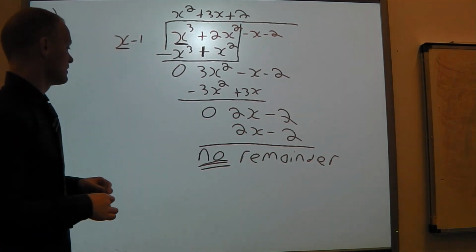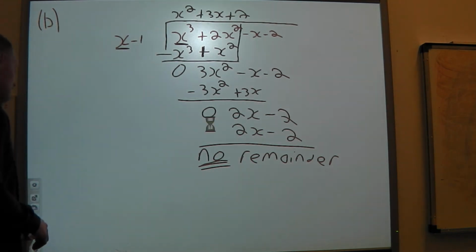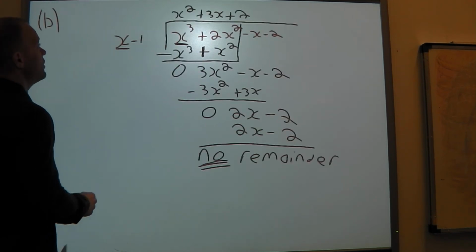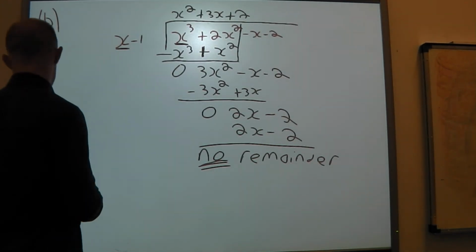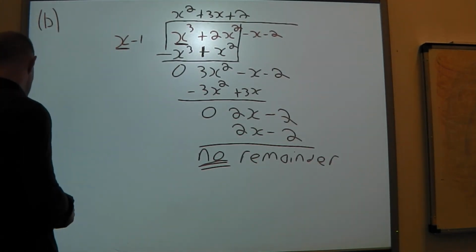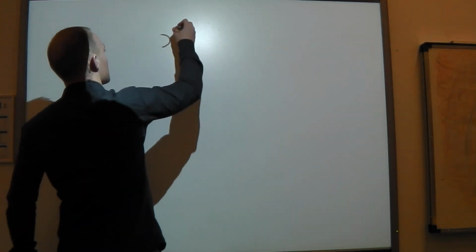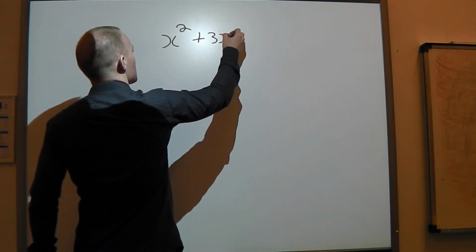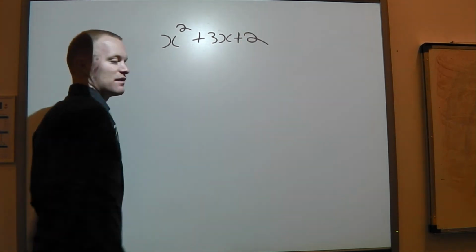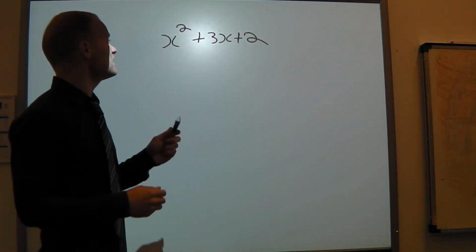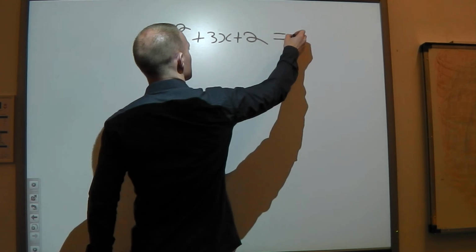So I'll just write this out again here. We're showing that x squared plus 3x plus 2 is a factor. So if this is a factor, then it's equal to 0.